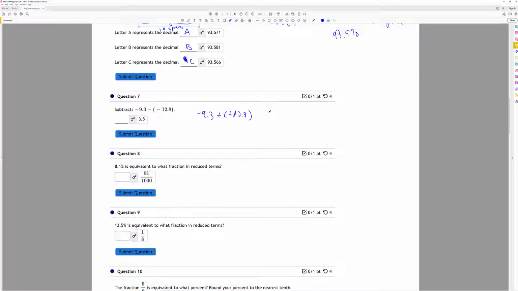And from there, it's just subtraction. 8 minus 3 is 5. 12 minus 9 is 3. That's our answer.